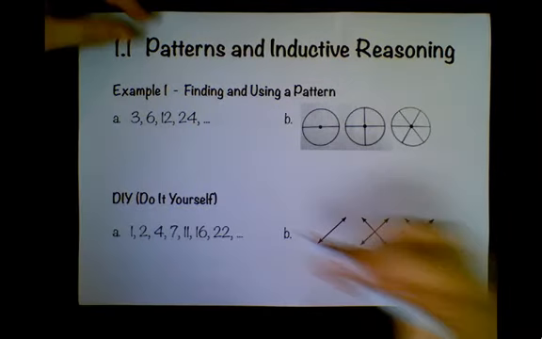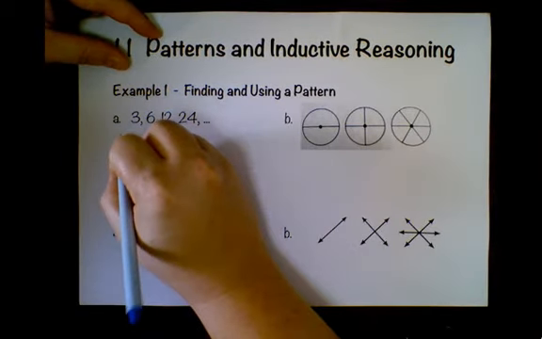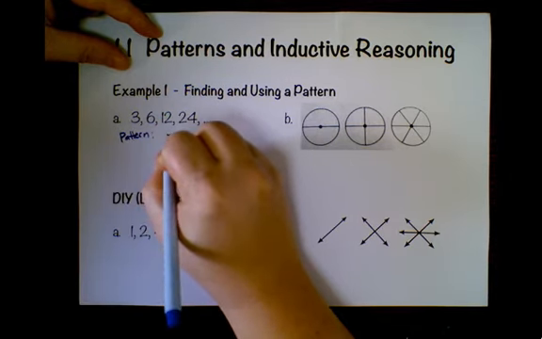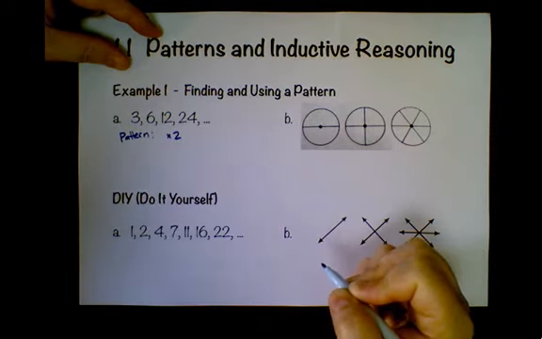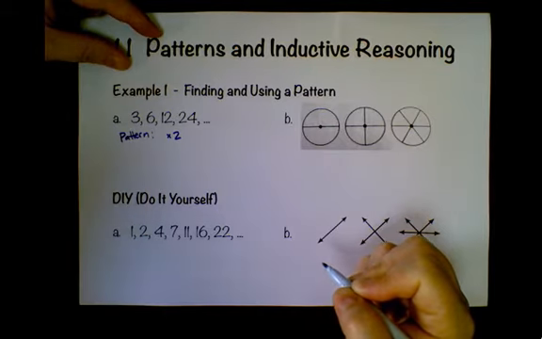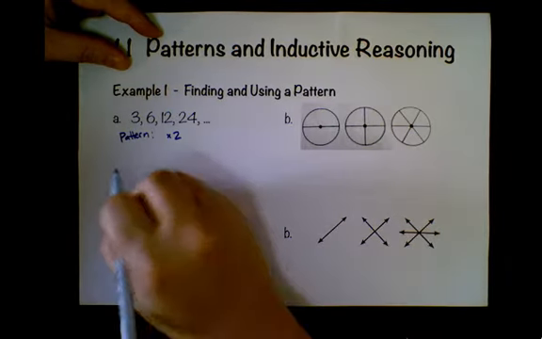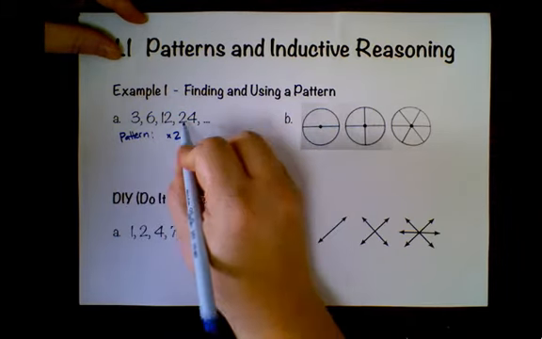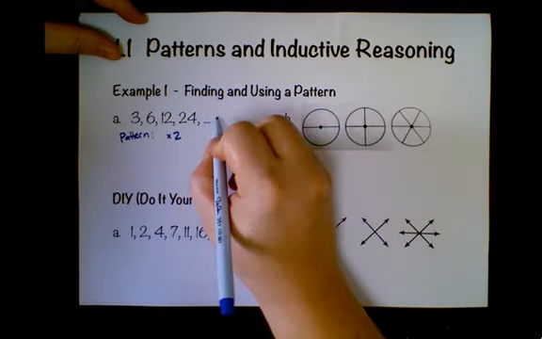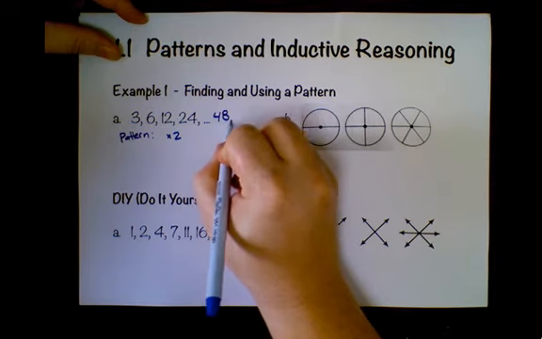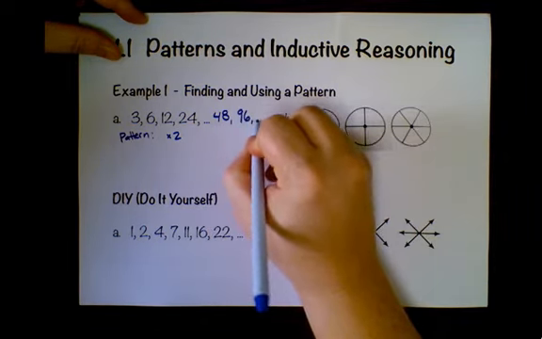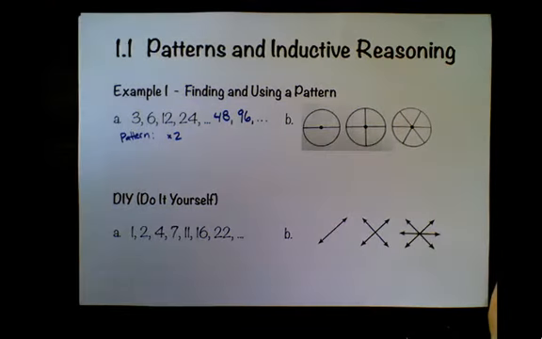So the pattern is times 2. I know, I just used an X for times. Don't tell my math teacher. And next up, the next couple numbers, well, 24 times 2 would be 48, and 48 times 2 would be 96, and so on and so forth.